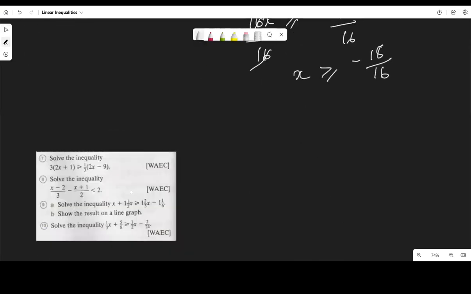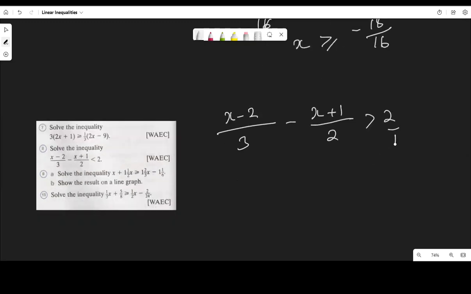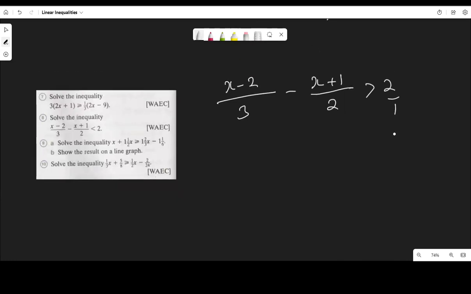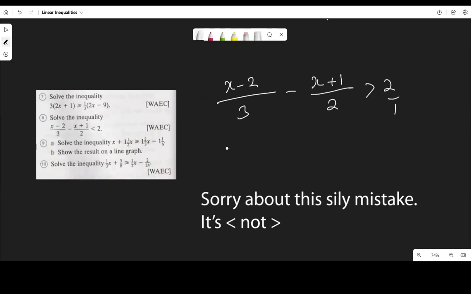First, solve the inequality: (x minus 2) over 3 minus (x plus 2) over 2 is greater than 2. This 2 is over 1. I want to clear the fractions, so I'm going to multiply each term of the inequality by the LCM of 3 and 2, which is 6.